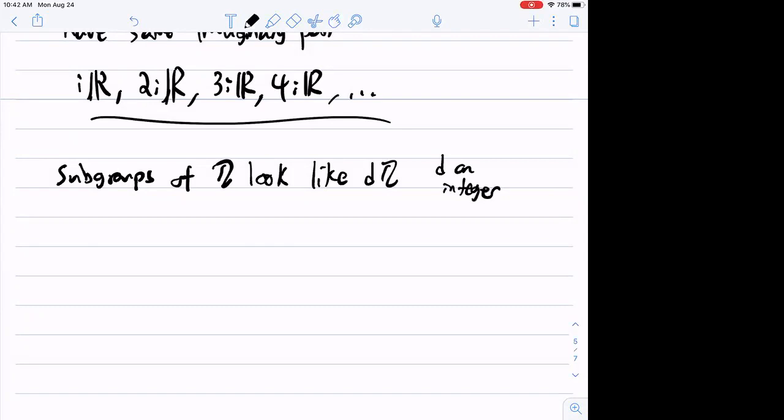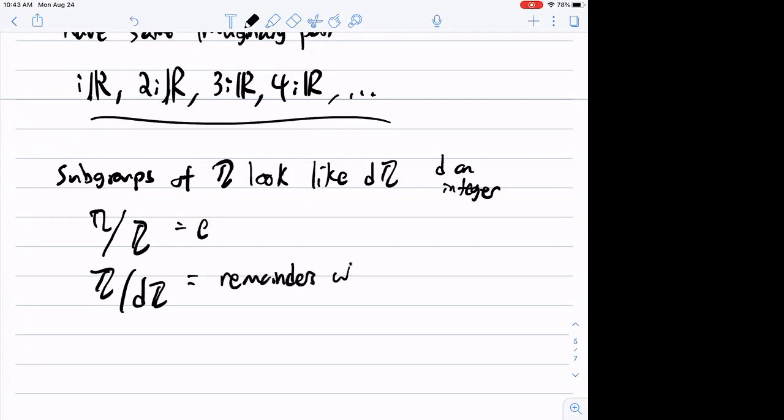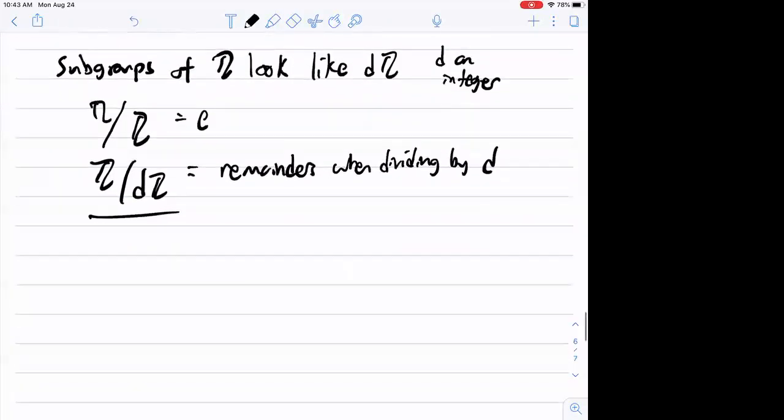So again, these are all finite index, right? Like Z mod Z is just e, right? Z mod dZ, remember, we learned this, these are remainders when dividing by d, right? And now you sort of see why we use this notation, right?